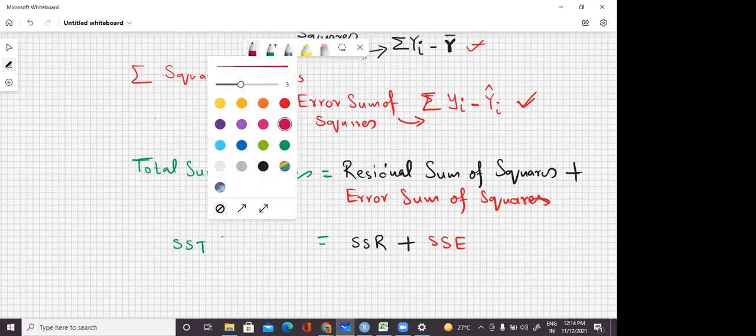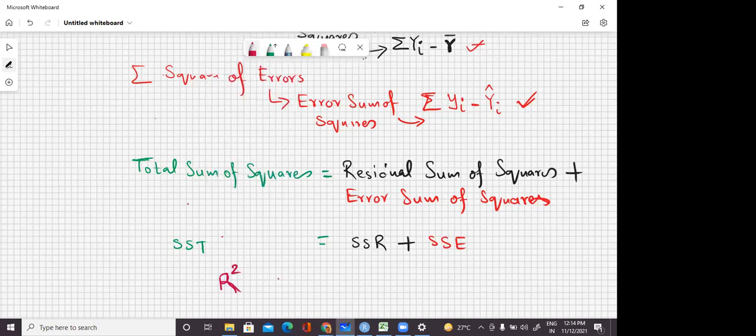So R square is equal to the residual sum of squares, that is, the difference between the predicted value and the mean, that explained part, divided by the total sum of squares.